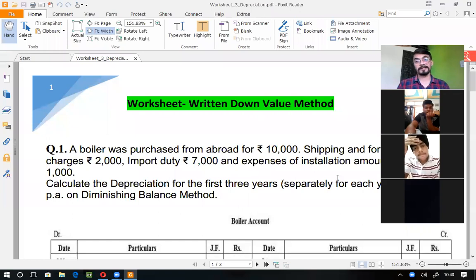Very good, Gurvinder. The acquisition cost becomes 20,000. 10,000, the cost it was purchased for. Then shipping charges were 2,000. Import duty was 7,000. And installation charges amounted to 1,000. So in all, it makes 20,000. So 20,000 will be the original cost of the asset.